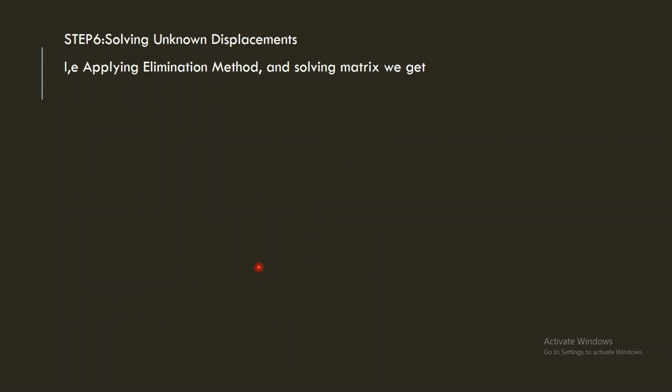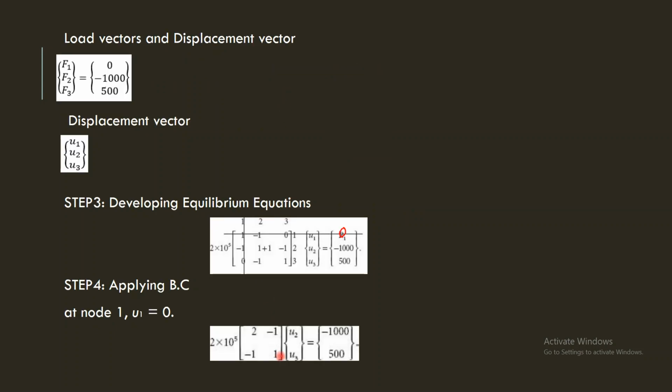So how will you solve this? By using the matrix method, in the same way as you did previously, you have to do the matrix multiplication, that is 2 into u2 minus u3 is equal to minus 1000, and 2 into 10 raised to 5 multiplied by minus 1 into u2 and 1 into u3 is equal to 500.